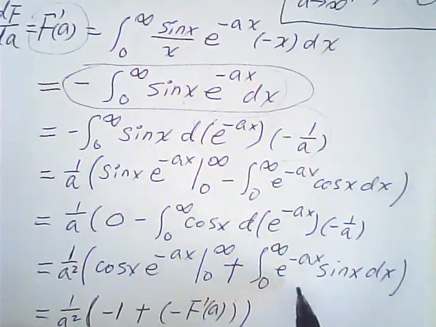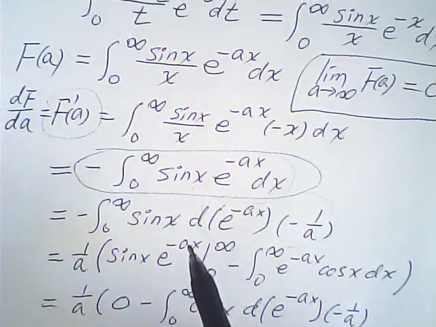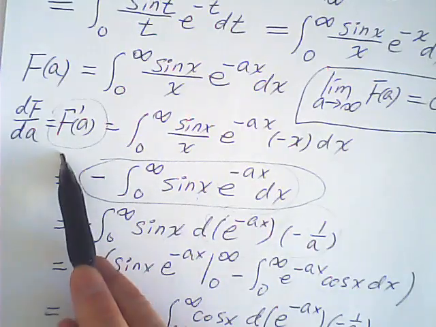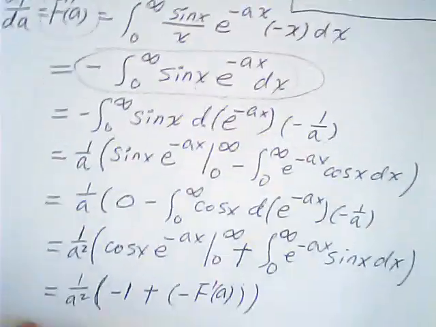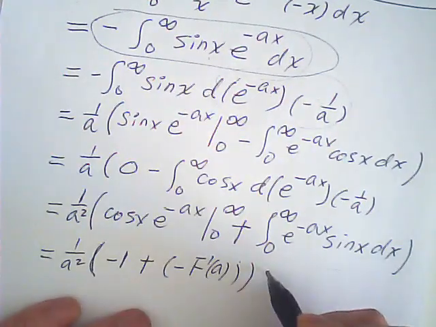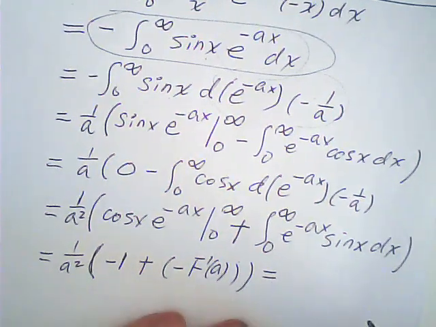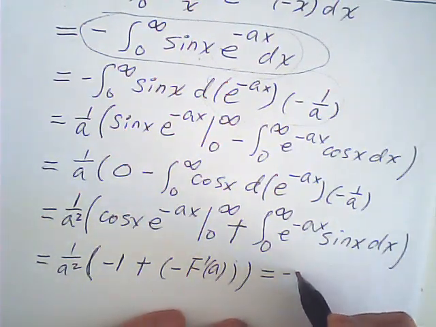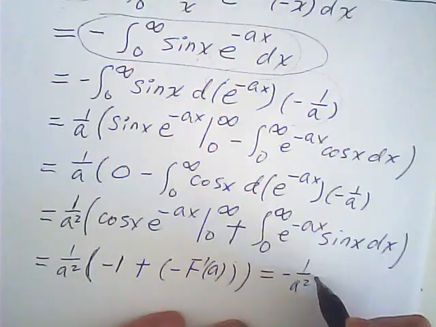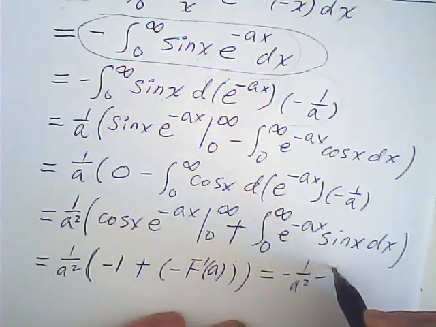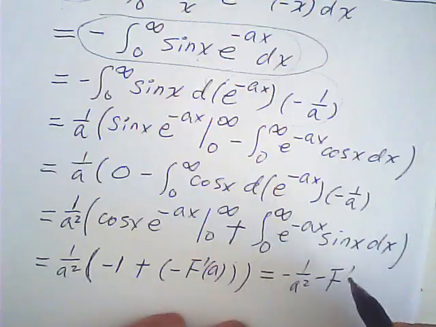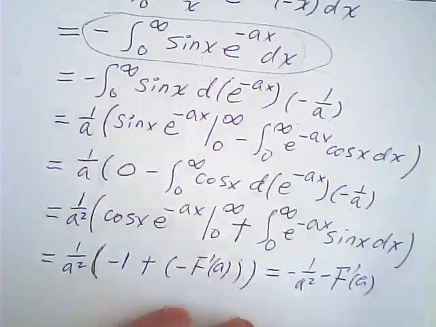This is negative that. See? So this one is equal to negative 1 over a squared minus f prime of a.